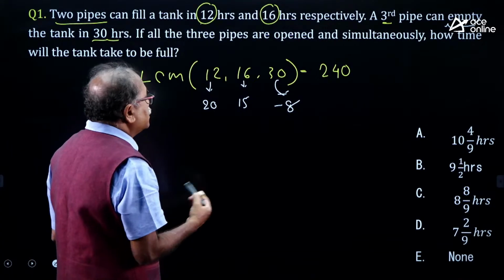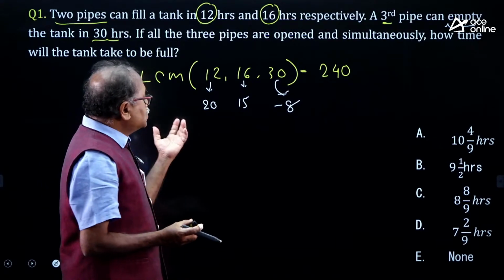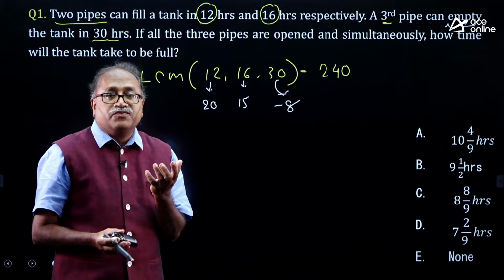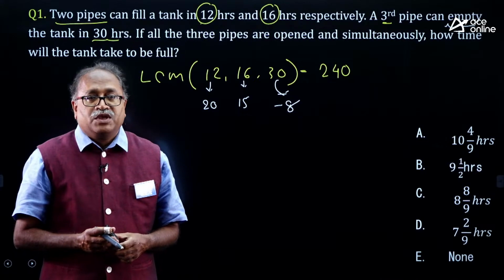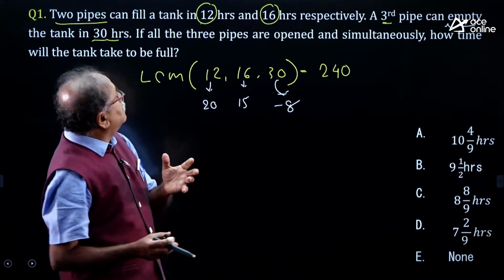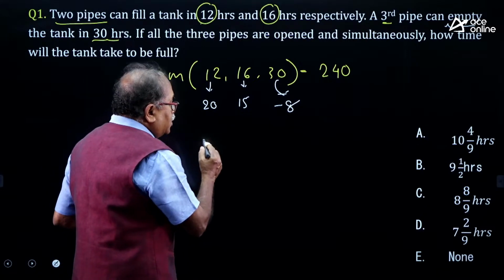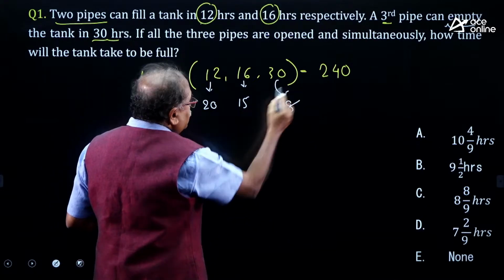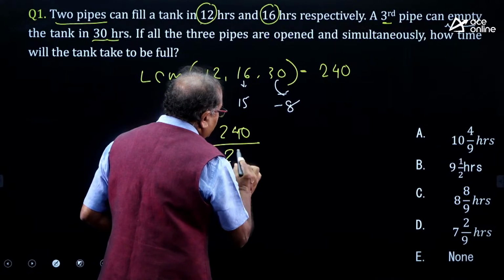Look at what happens when all three of them are working. 20 plus 15 is 35, minus 8, that comes to 27. That means every hour 27 units are getting filled. So let us take that 240 and divide by 27.